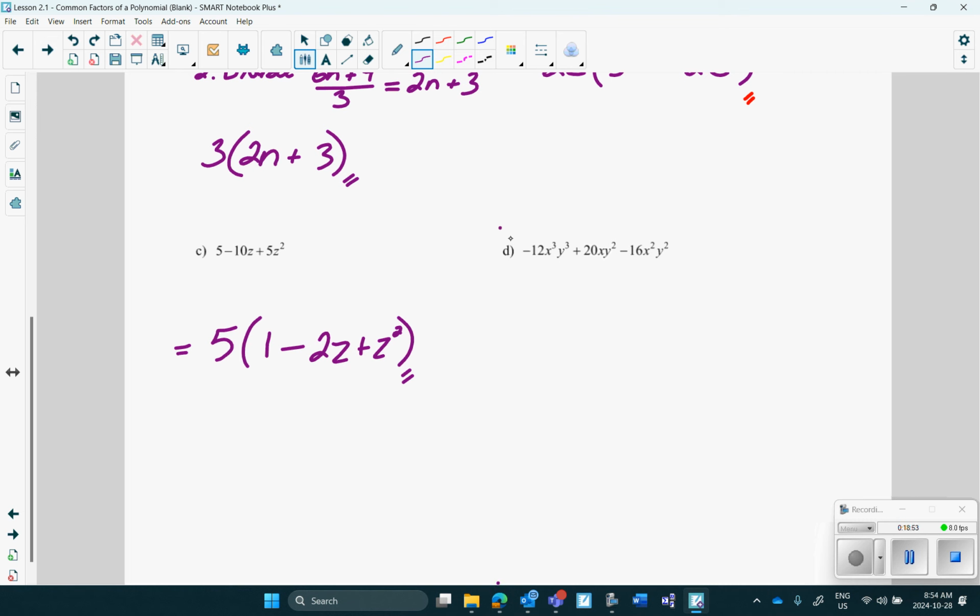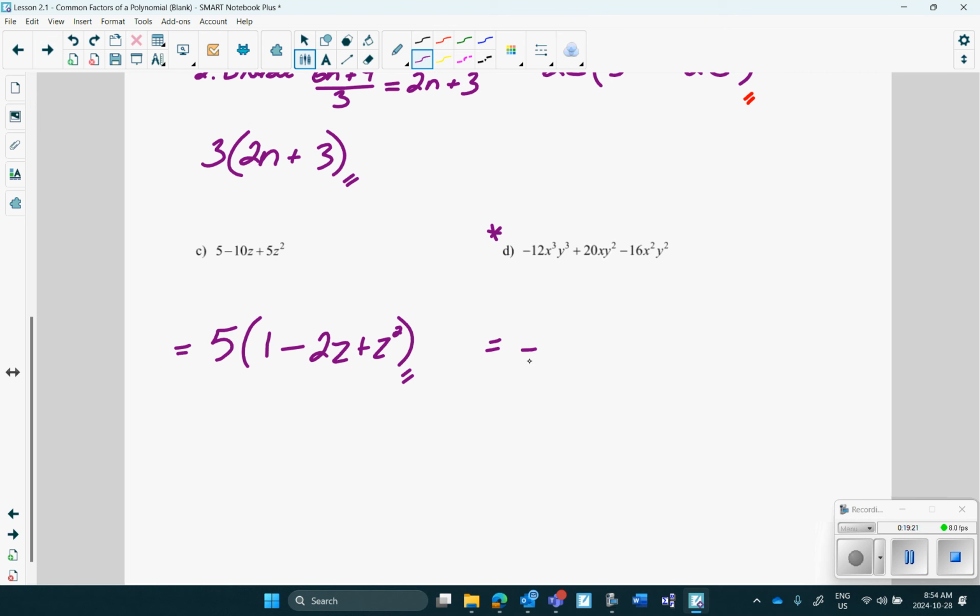This last one, just something to look out for. What's different about this one than the other 3? What do you notice that's different about this one than the other 3? It's got a negative at the front. Whenever there's a negative at the front, you always have to factor out a negative as part of your GCF.